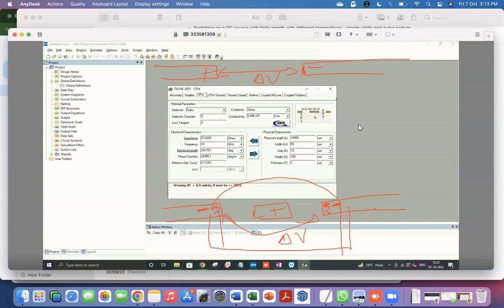So long enough means that anything with some reasonable fraction like lambda by 10 or lambda by 4 is already too long, right? So if it's a very short section of transmission line, you can get away with it because there's not enough distance for the potential to change significantly. But for any reasonable length, you have to make sure that these vias or air bridges are there, otherwise it just wouldn't work properly.